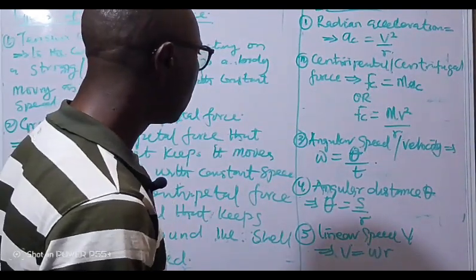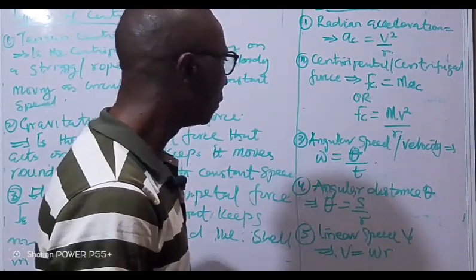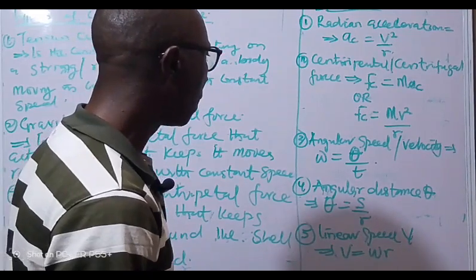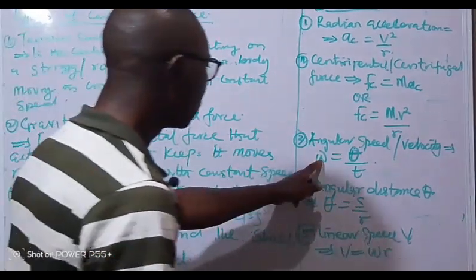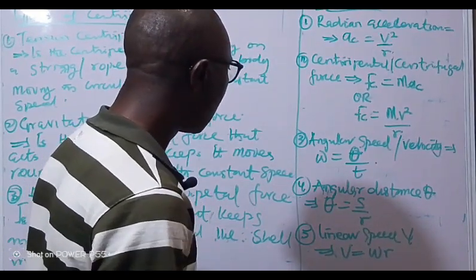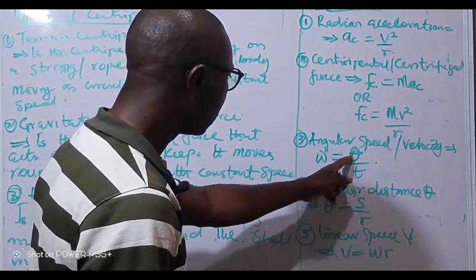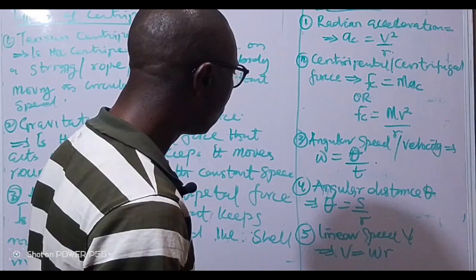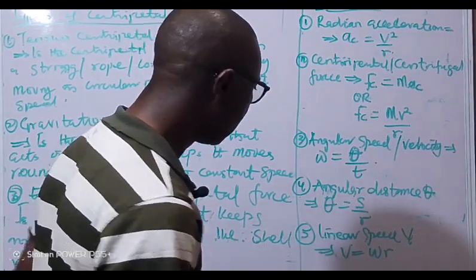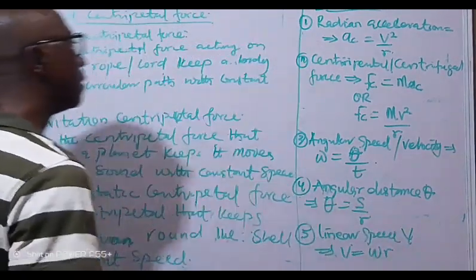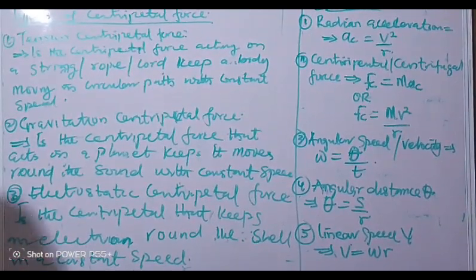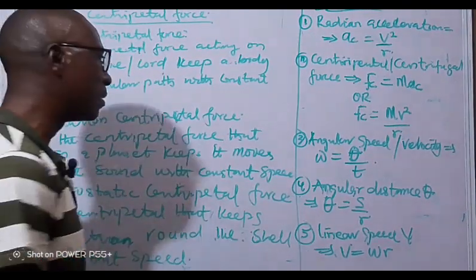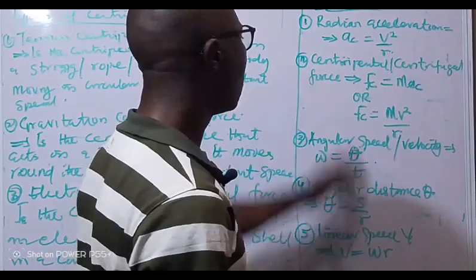M is mass of the body in a circular path, where Fc is centripetal or centrifugal force. Omega is angular speed or velocity, where theta is angle turned through, t is time taken. So these are the formulas we've come across today. And in our next lesson, we are going to apply all these formulas to solve problems.